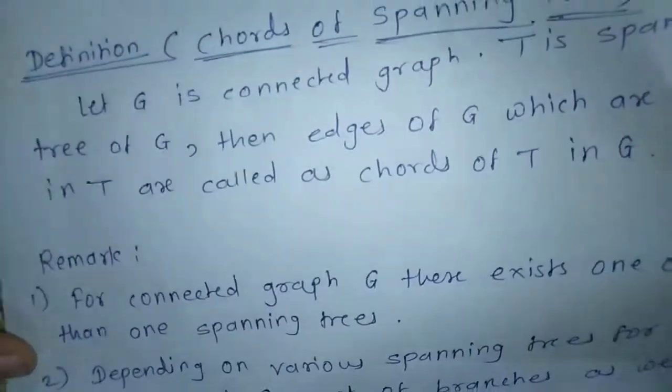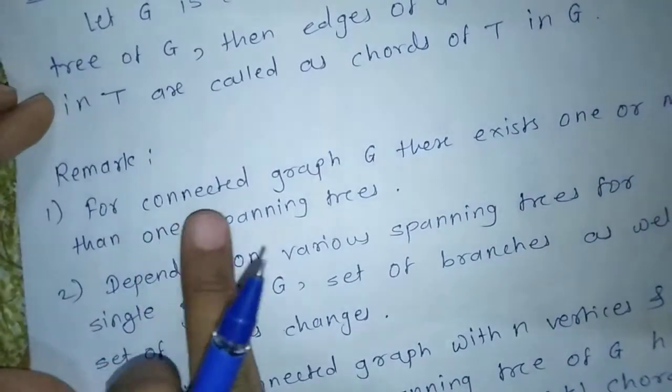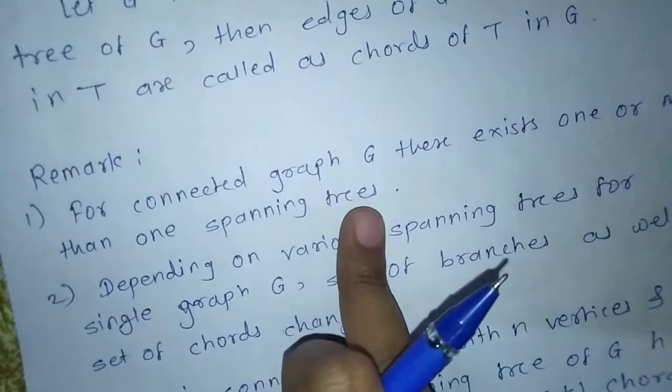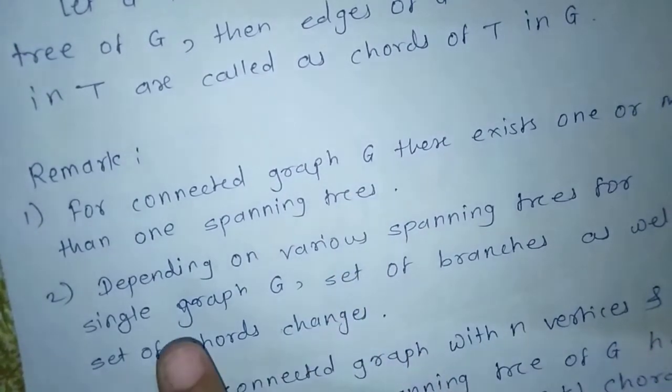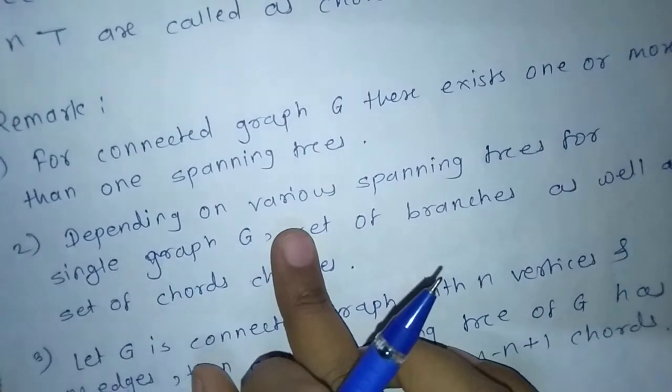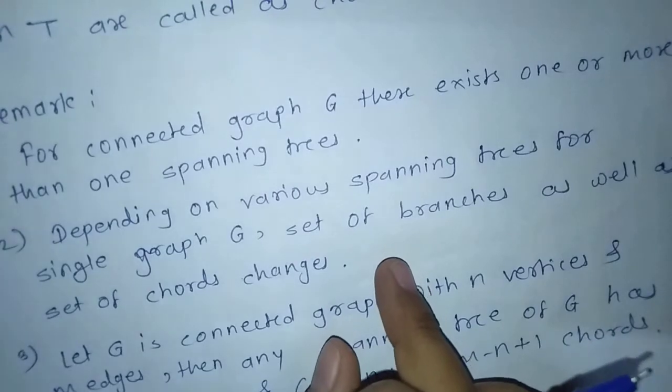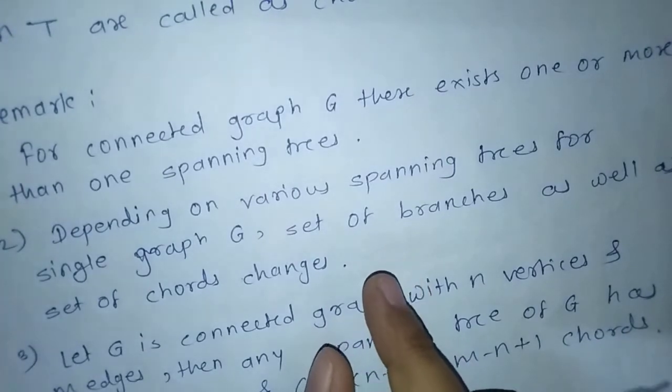Now the next remark. First, for a connected graph G, there exist one or more spanning trees. Second, depending on the various spanning trees of a single graph G, the set of branches as well as the set of chords changes.